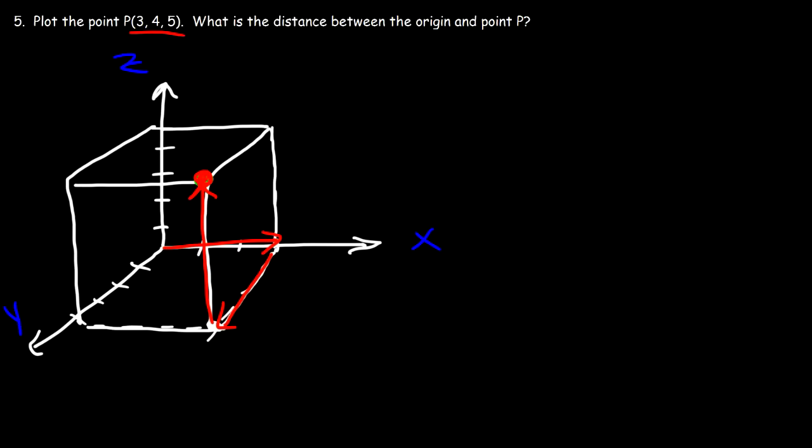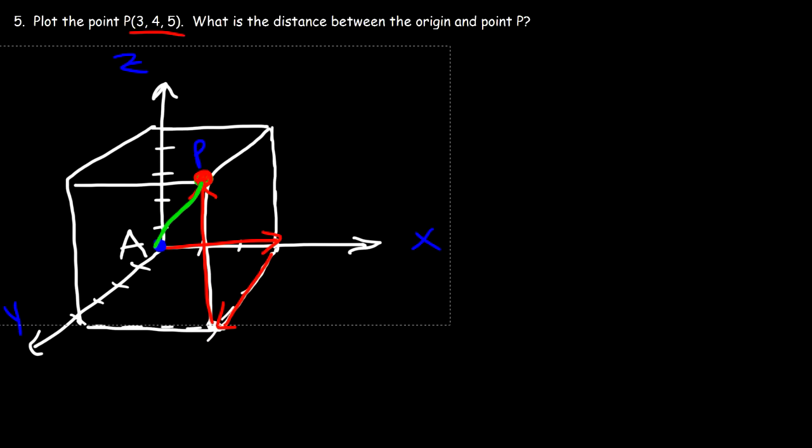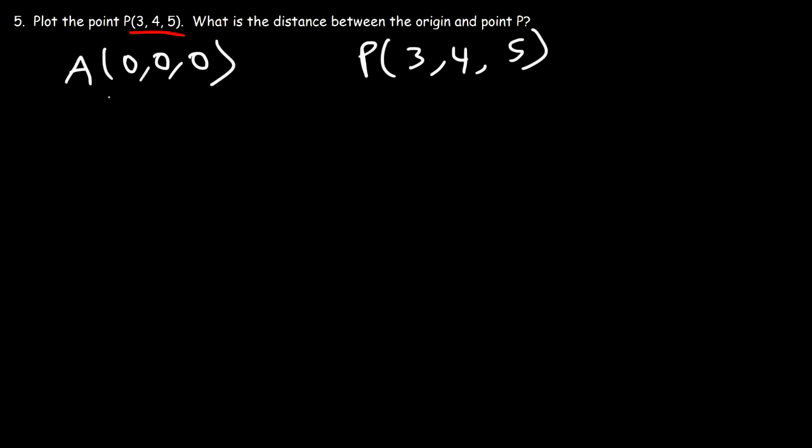So how can we calculate the distance between the origin and point P? So what is the distance between those 2 points? Now let's call the origin point A, which is (0, 0, 0). There's a simple way in which you can calculate the distance between 2 points in 3 dimensions. So we have point A and point P. So this is x1, y1, and z1.